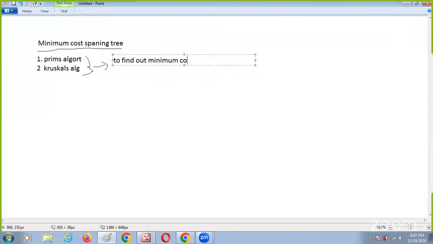I will give you one graph. For the given graph, maybe different spanning trees are possible, but I don't want all those spanning trees. I want to find out only the minimum cost spanning tree.